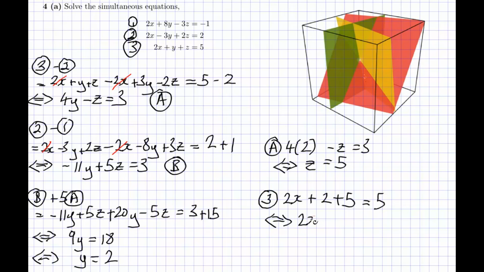So I get 2x is equal to minus 2, and x is equal to minus 1. So that's the solution. That tells you that the coordinates of the point of intersection of these three planes are x is equal to minus 1, y is equal to 2, and z is equal to 5.